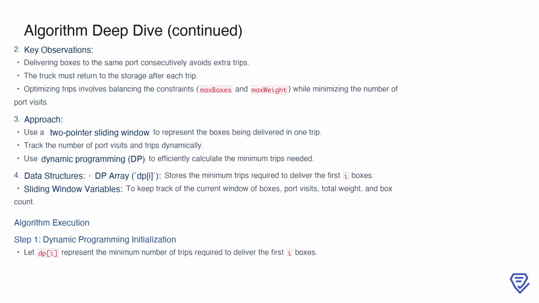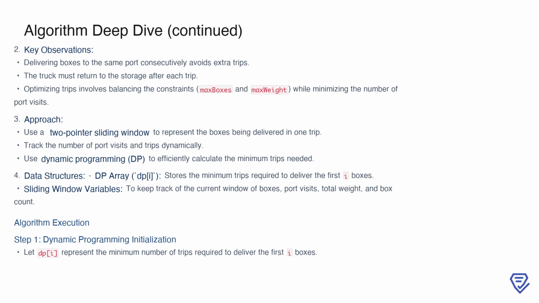Optimizing the solution involves balancing the constraints of max boxes and max weight while minimizing the number of port visits. To achieve this, we employ a two-pointer sliding window approach to represent the boxes being delivered in a single trip. This allows us to dynamically adjust the range of boxes considered for delivery. Additionally, dynamic programming is used to efficiently compute the minimum number of trips required.